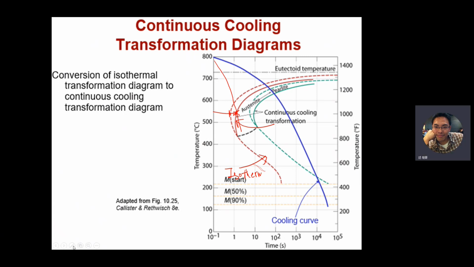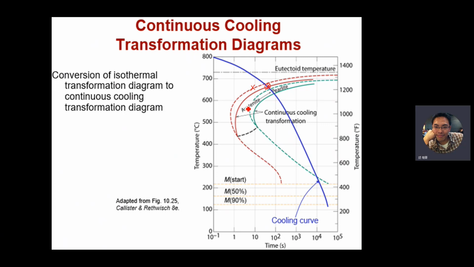Okay, so let's look at the blue line, the cooling curve, the real cooling curve. The pearlite structure starts to form at this point. And for the isothermal case, the pearlite starts to form at this moment.